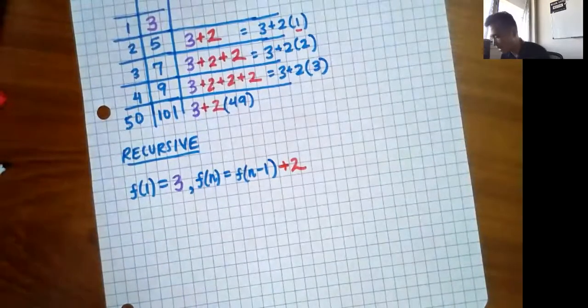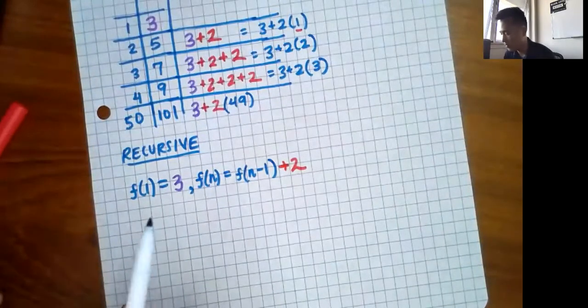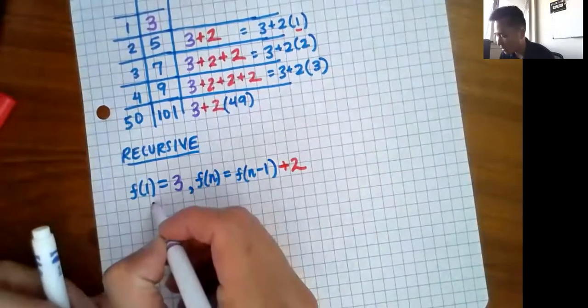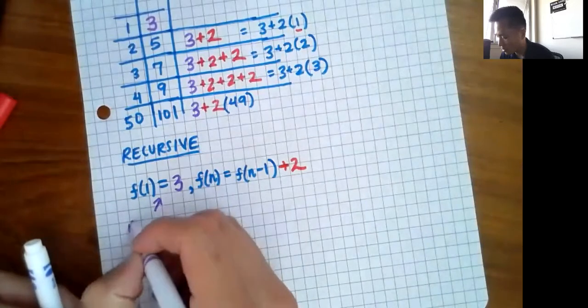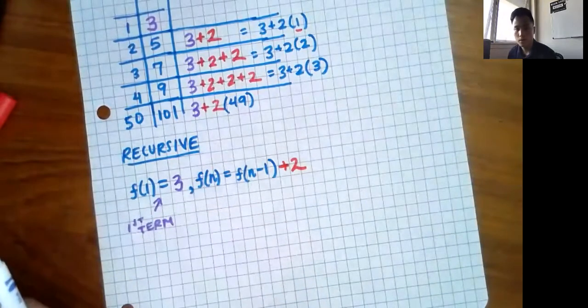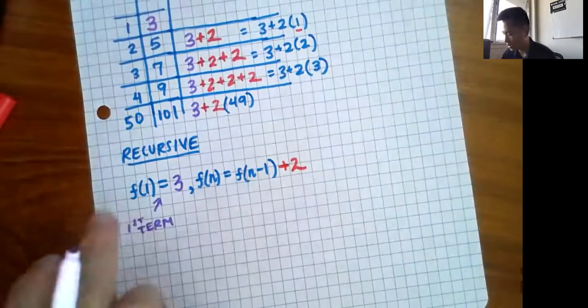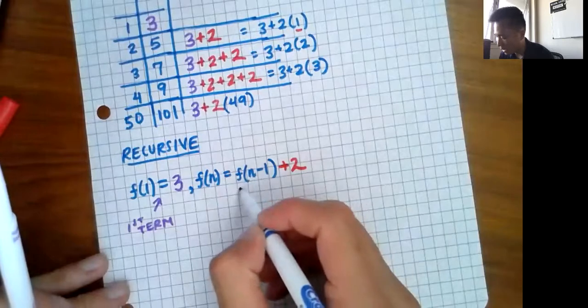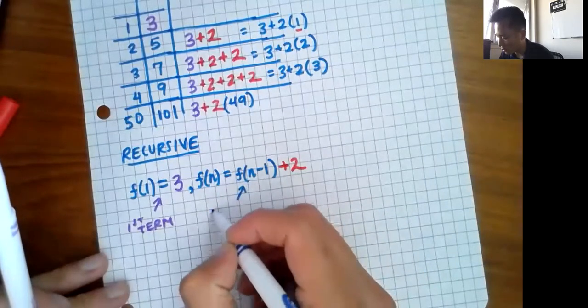Okay, now I'm going to annotate this so you can see what we're saying here. f of 1 equals 3. In math, that's just saying that the first term is 3. So we say what the first term is. Then we say f of n is equal to f of n minus 1, which means the previous term.